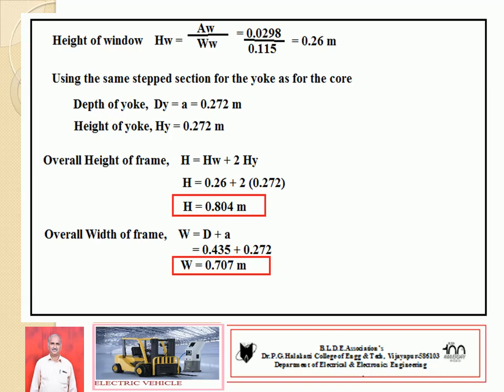Single phase. For a single phase transformer, what is the overall height of frame? H equal to Hw plus 2Hy. You substitute the values, all things are in meters, so H equal to 0.8 meters. Overall width of frame W equal to D plus A, again all values are in meters. Substitute, and we are going to get it in meters.